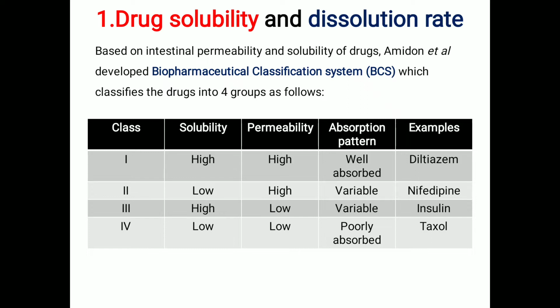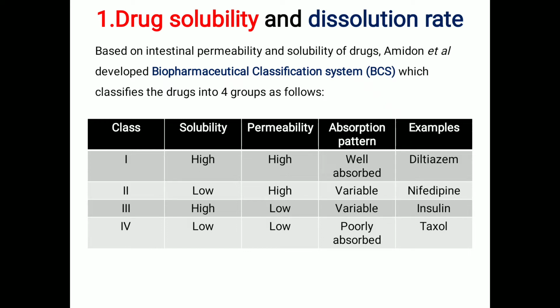For example, insulin. The class 4 drugs have low solubility as well as low permeability, and that's why these kinds of drugs are poorly absorbed. Example is Taxol. So from this classification we come to know that class 1 drugs, with high solubility and permeability, and class 3 drugs, with high solubility but low permeability, do not have that much absorption problem.